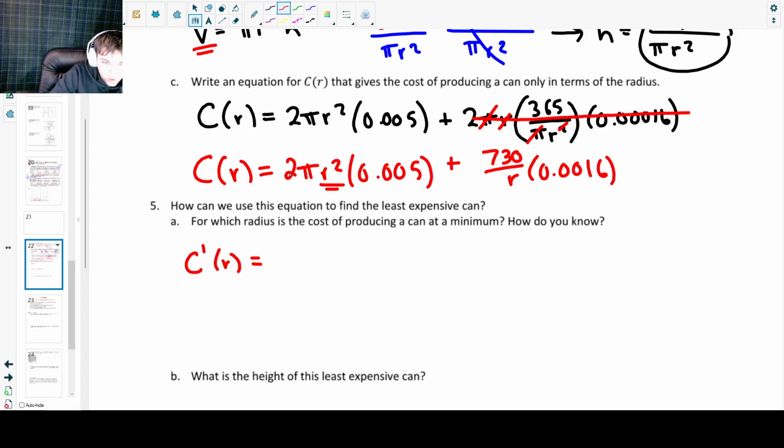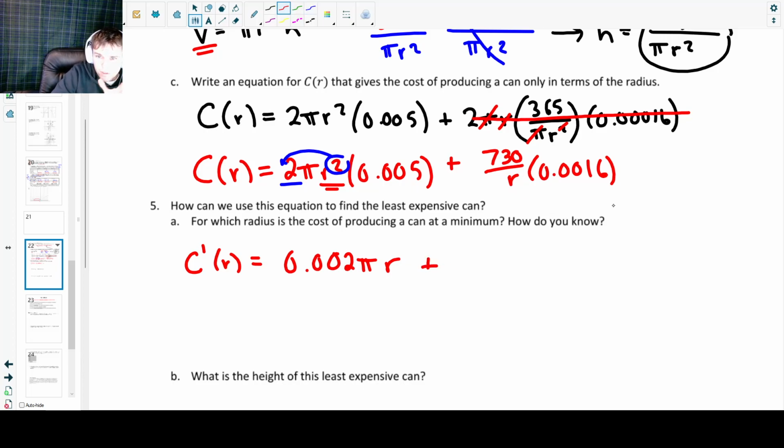So it's going to be 2 pi times 2 times that. We're going to get 0.002 pi times radius. That's the derivative of that first term, because again, we're going to bring this exponent down in front, and I went ahead and multiplied 2 times that to get this decimal.